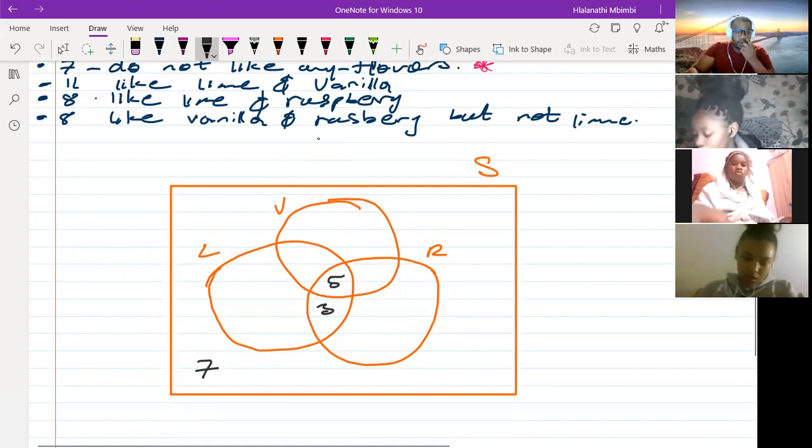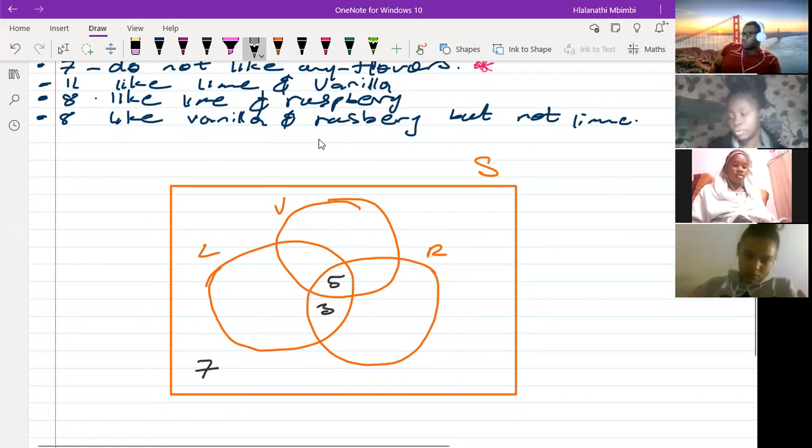Then you can go back to a section where it's combined. You said that 11 like what? Lime and vanilla. Yes. After asking and you're done interacting, please mute, because there's background noise.